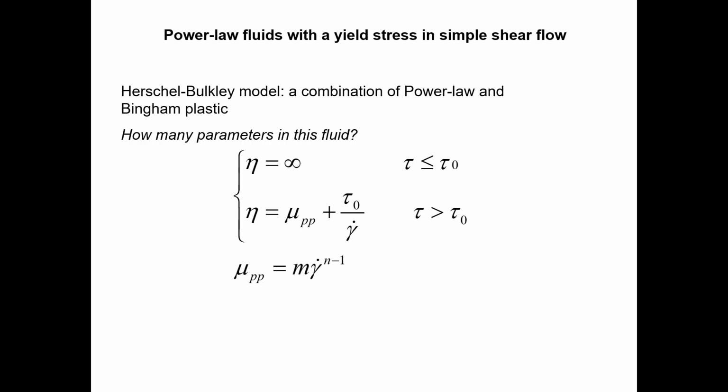What would be one thing to do? The basic engineering solution to anything: trial and error. Guess tau 0. Go with it. Calculate how well it fits.